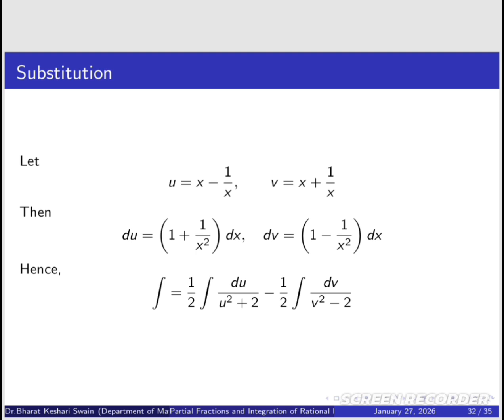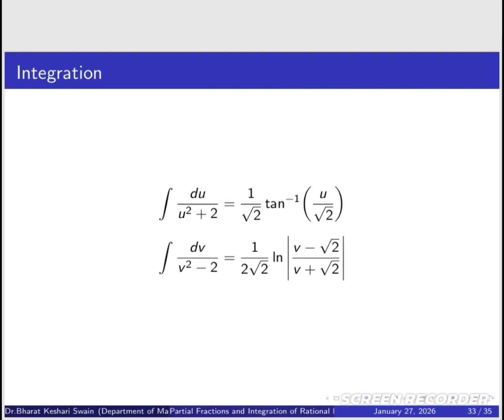As in the previous question, du will be this, dv will be this, and the integration of the original function will be reduced to these two, du by u square plus 2 and dv by v square minus 2, and just integrate these two and we will get the final answer.